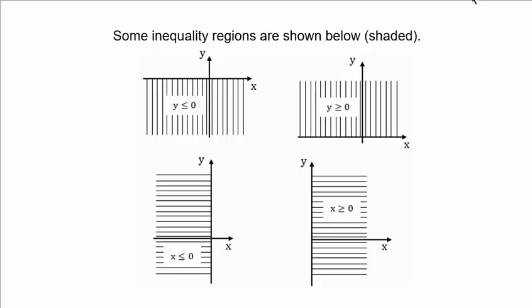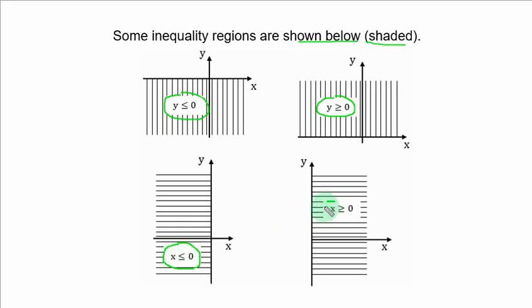Some inequality regions are shown below shaded. If you have y less than or equal to 0, you shade the region below. You have y greater than or equal to 0, you shade the region above. If you have x less than or equal to 0, you shade the region left of the y axis.